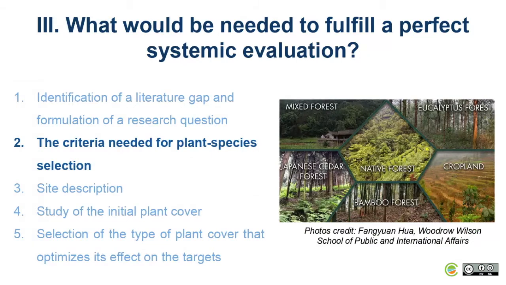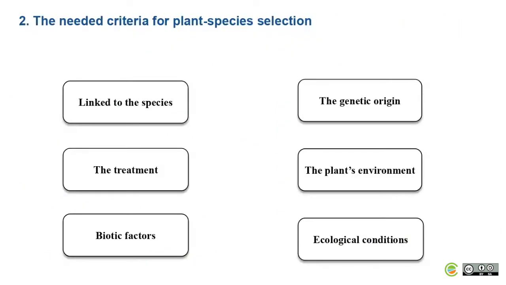For the criteria needed for plant species selection, we know that if a plant is raised in a good environment with the different requirements for its growth met, we will get a successful plantation. But if it's not the case, it will be more fragile, and we will get disease, and it will lead to the failure of the plantation or its death.